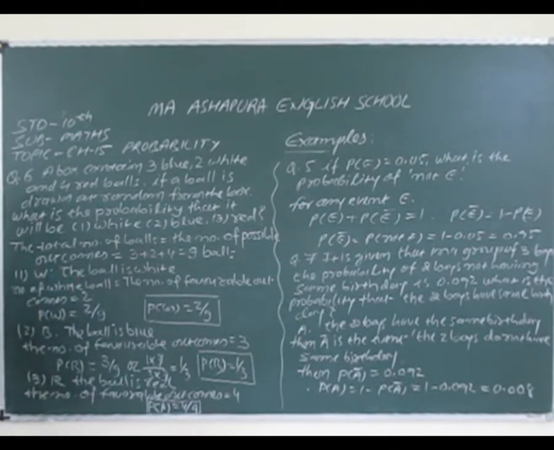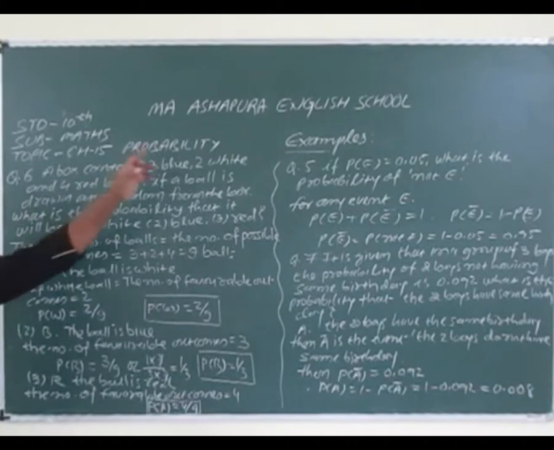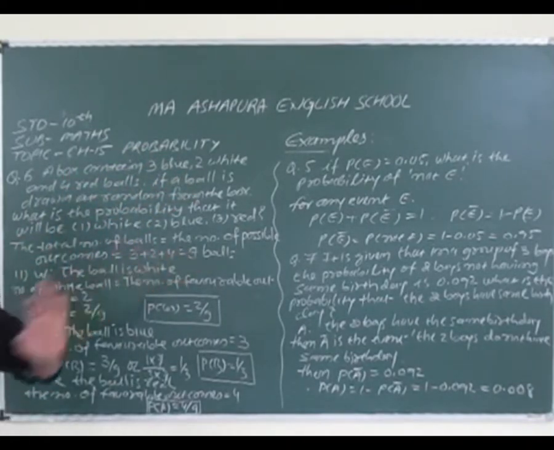So first of all, once again, the total number of balls is equal to the total number of possible outcomes in this example. Here the total number of balls is 3 blue plus 2 white plus 4 red, which is equal to 9 balls. That means the number of possible outcomes from this question is 9.